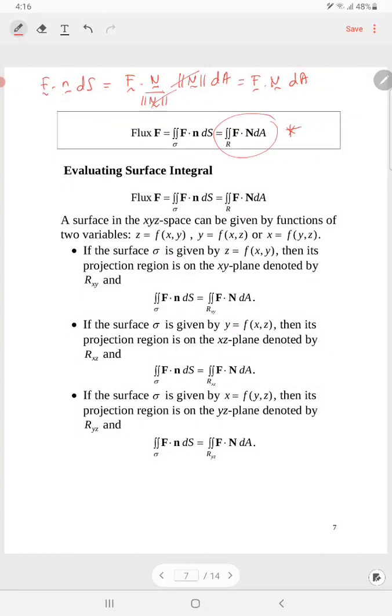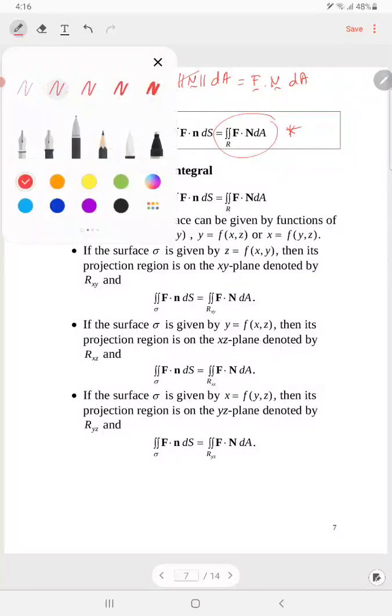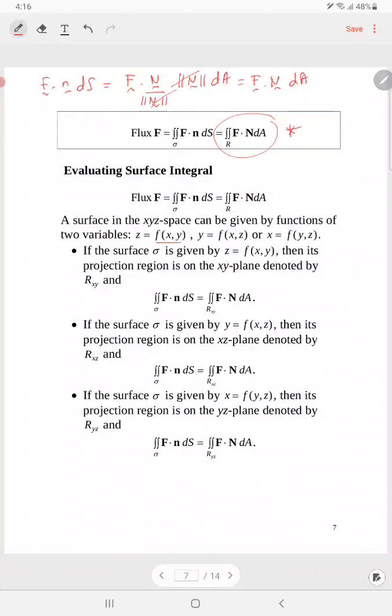Now, which plane we should project our surface sigma onto depends on how your surface is given. If your surface is given as z as a function of x and y, you project your surface sigma onto the xy plane, and of course unit normal vector dS will be replaced by normal vector dA.